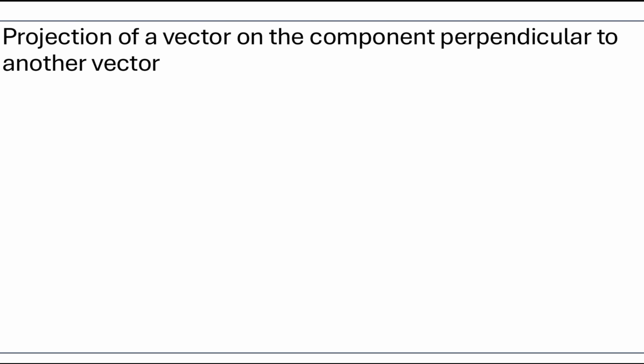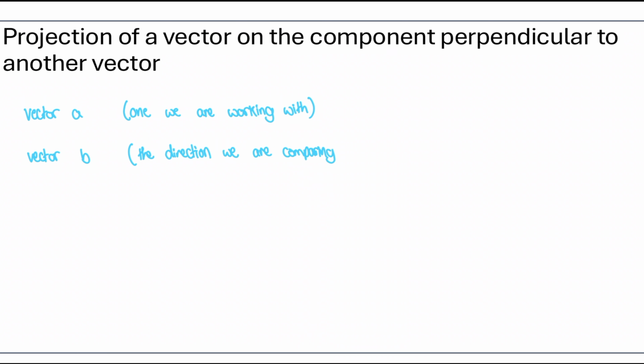Essentially, we want the part of vector, let's call it A, that points in the same direction as another vector, which I'm going to call B. So we have vector A, which is the one we are working with, and then we have vector B, which is the direction we are comparing to.